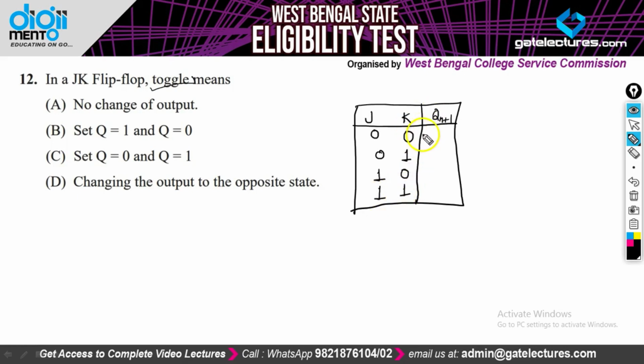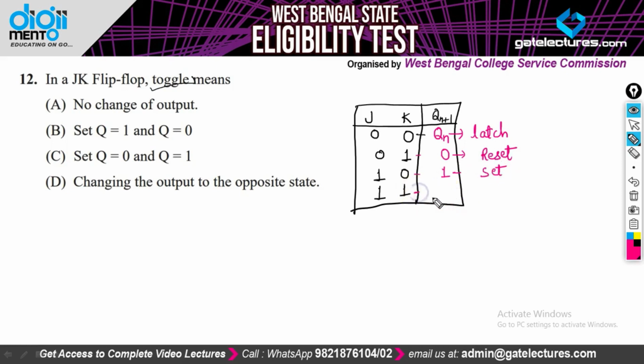So for 0, 0, it will be the same as the previous output and it is also known as latch mode. For 0, 1, it is the same as SR, it is 0 and also known as reset mode. For 1, 0, it is 1 and also known as set mode.